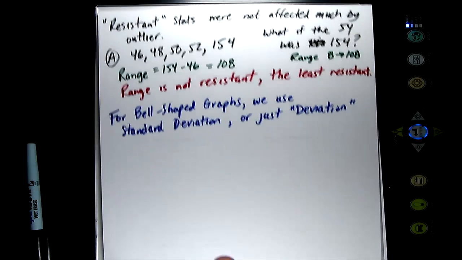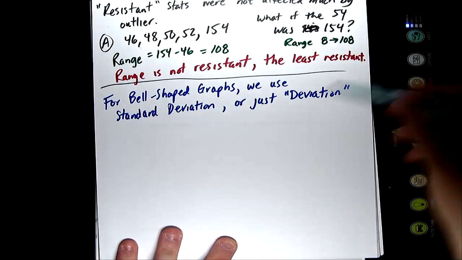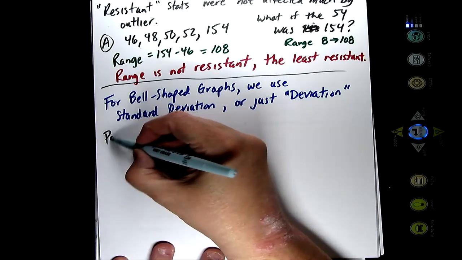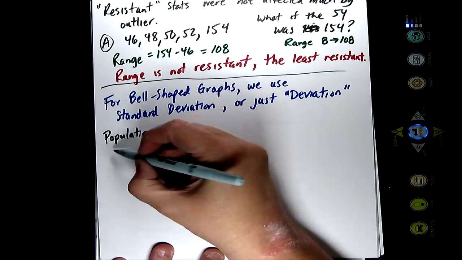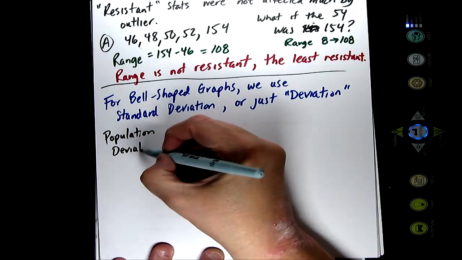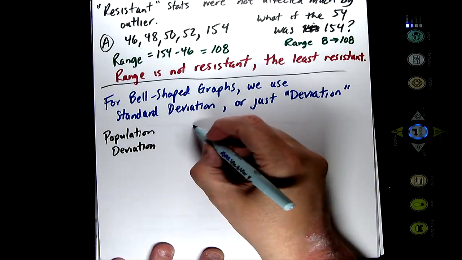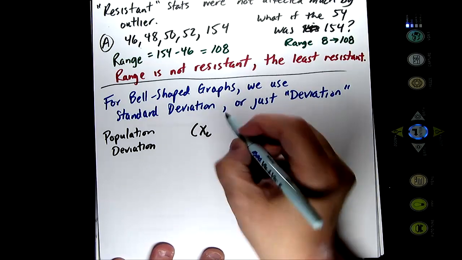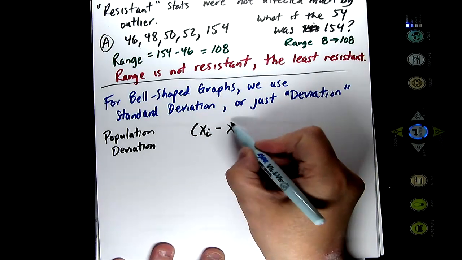Okay, so this is different for populations and samples. The population deviation: what we have to do is take each of our data values. Xi is our data values.